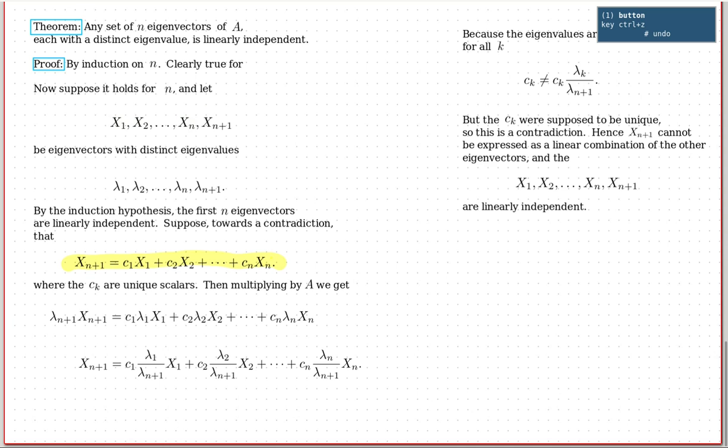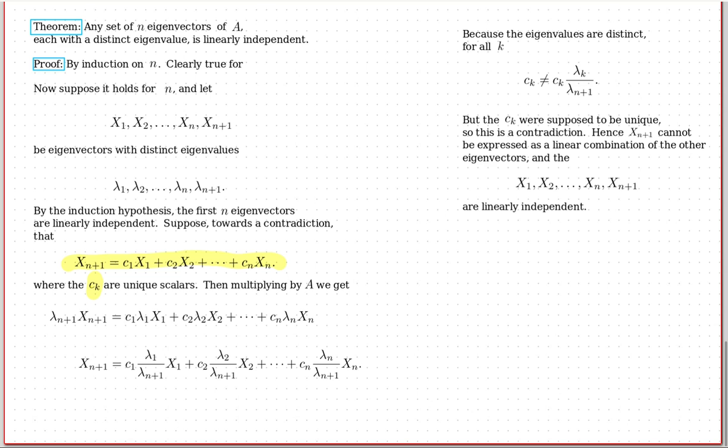Right? Now, because the first n xs are linearly independent, the scalars, the constants ck, c1, c2, up through cn, would be unique. Right? There's a unique way of expressing x(n+1) as a linear combination of the first n eigenvectors.